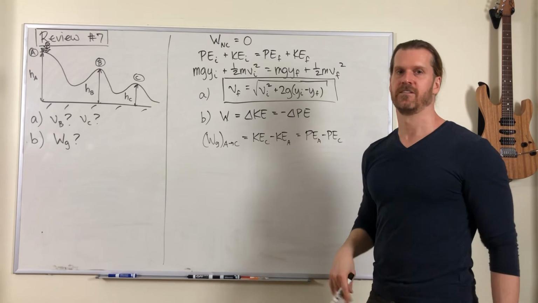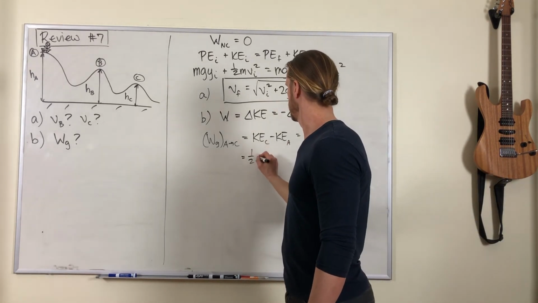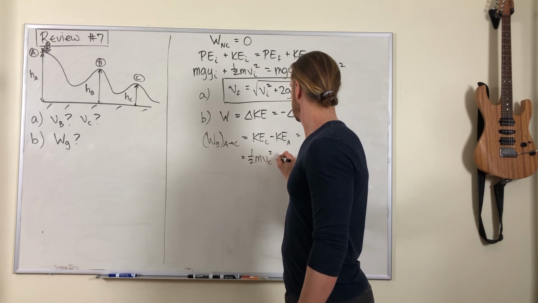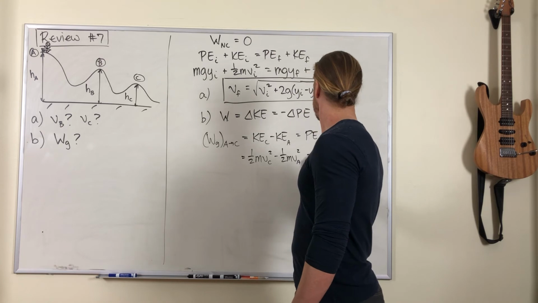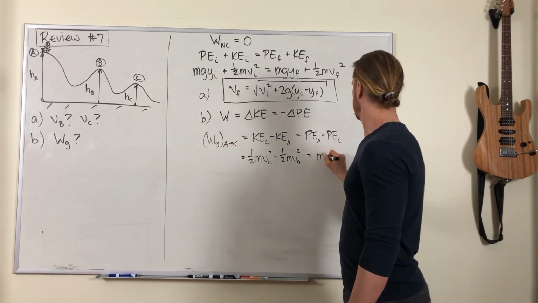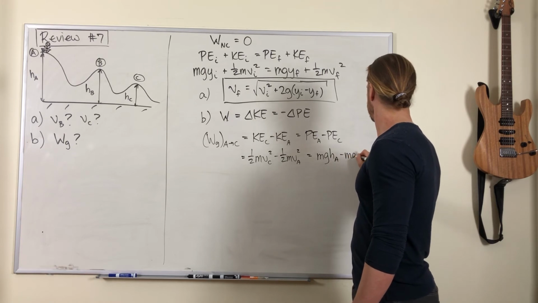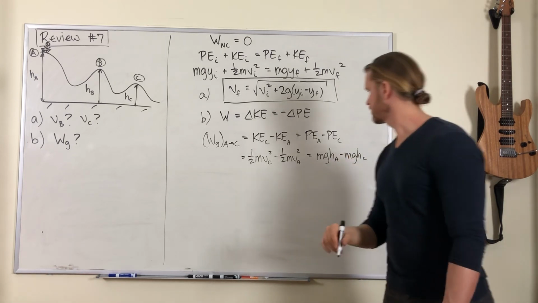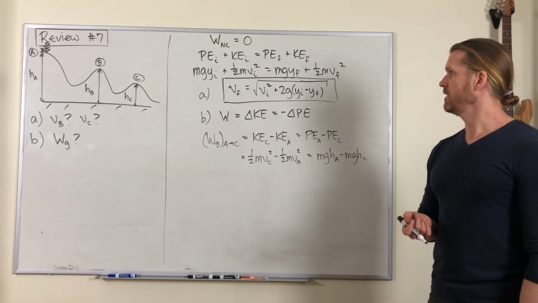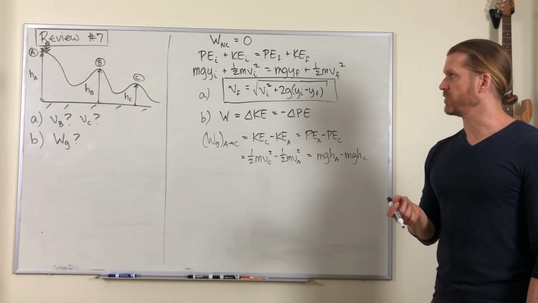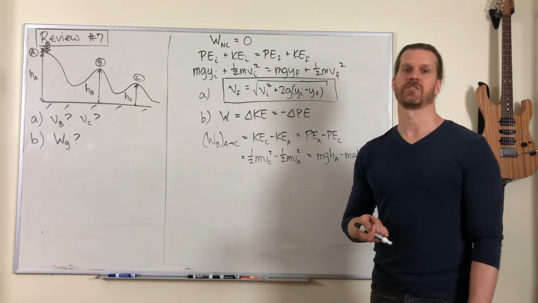The negative sign flips the order of those. And you can do the same process for finding the work done from point A to point B, or from point B to point C, or any possible combination.